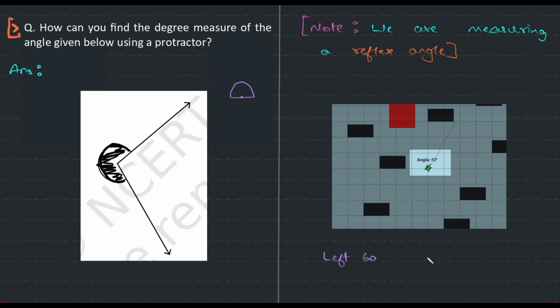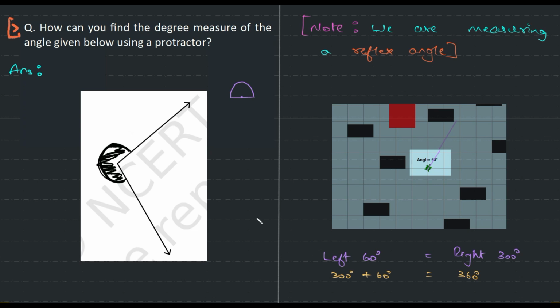Left 60 is apparently equal to right 300 degrees. Why is that? What happens when I add 300 degrees plus 60 degrees? 360 degrees. So do you guys get a clue of how to solve this question?